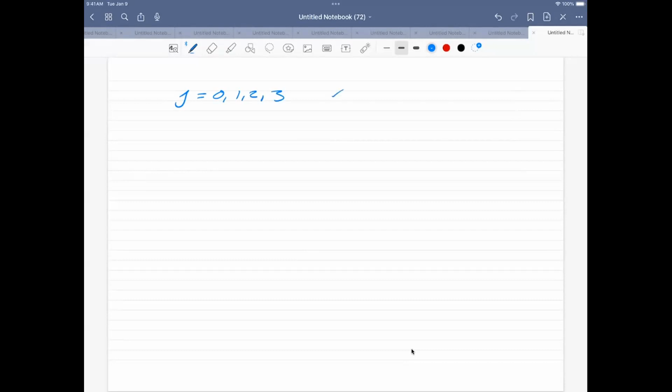We have these quantities x0, which is the same as the parameter we defined in the previous equation, beta 0, and then x1, which is beta 1, x2, which is beta 2, and x3, which is beta 3.